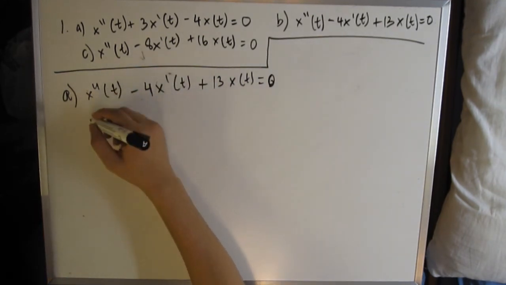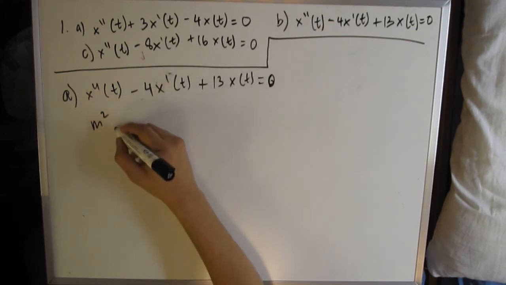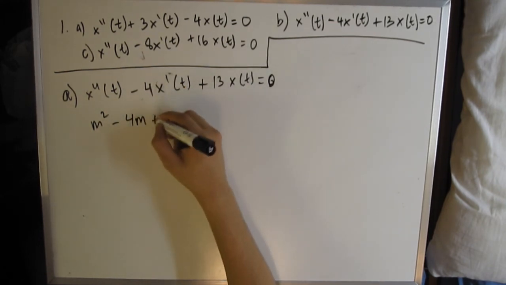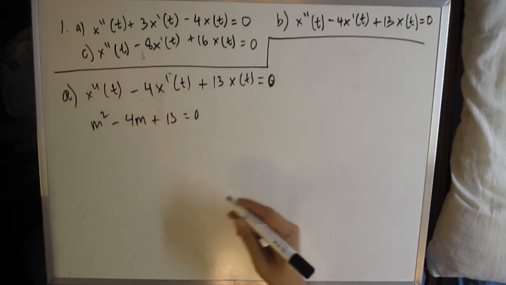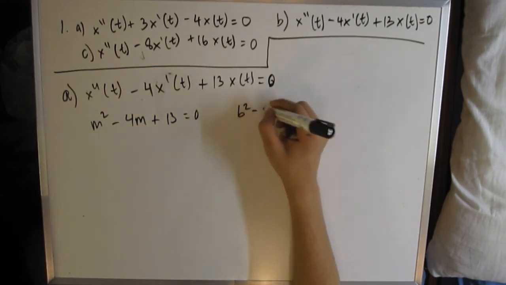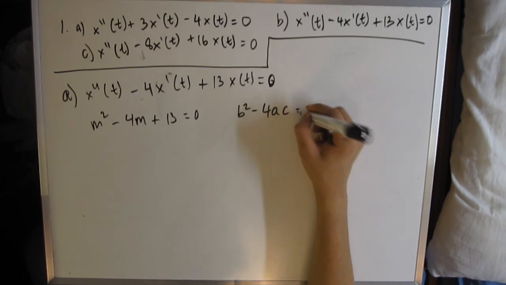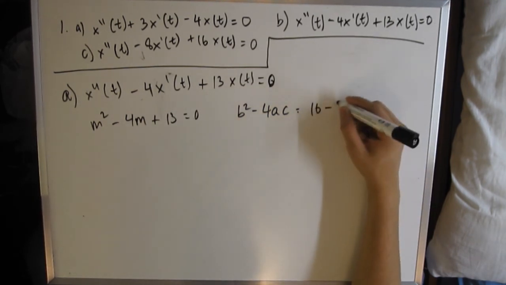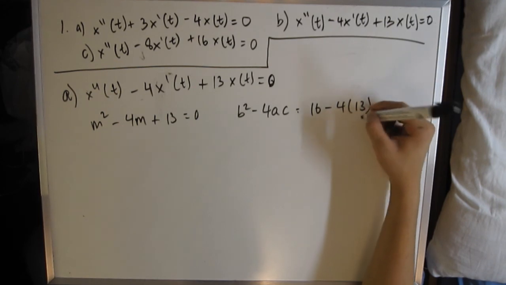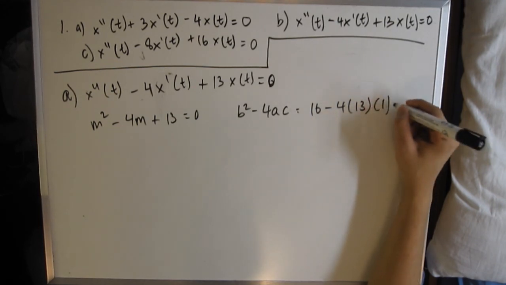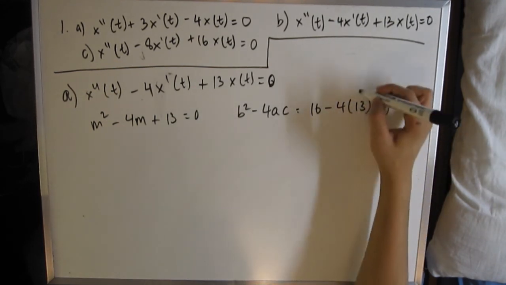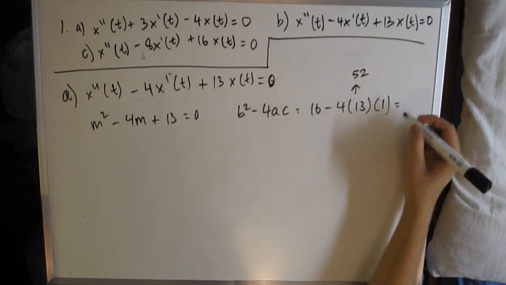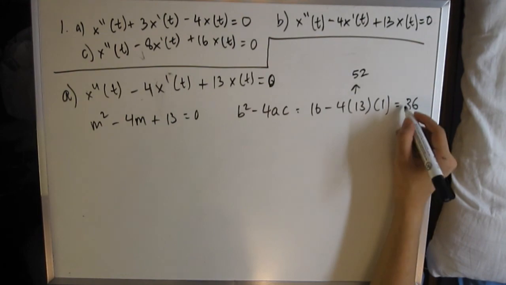This is the second derivative, so it's m squared minus 4 times m plus 13 is equal to 0. And then you continue with your b squared minus 4ac, which is going to be 16 minus 4 times 13 multiplied by 1, which is equal to 16 minus 52, and that's going to be negative 36.